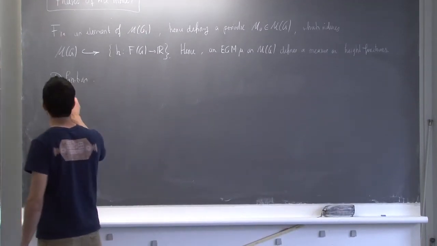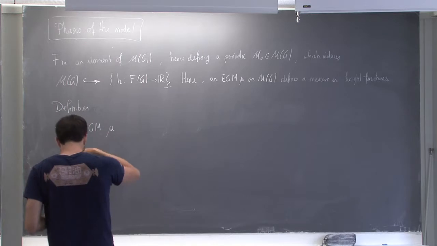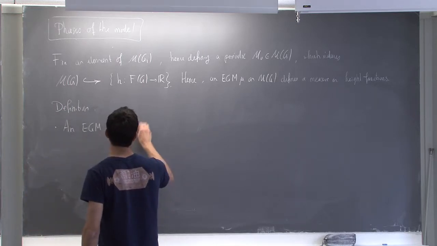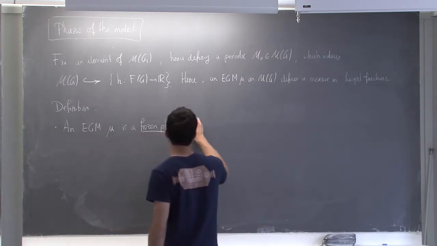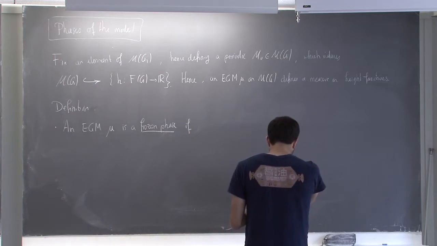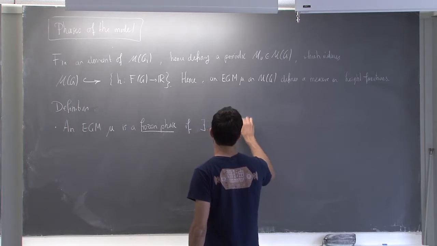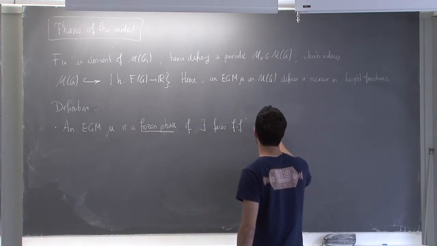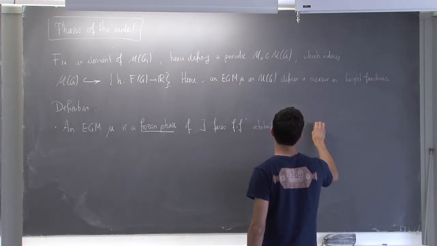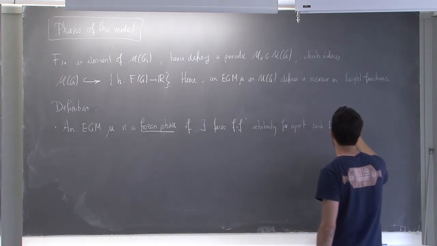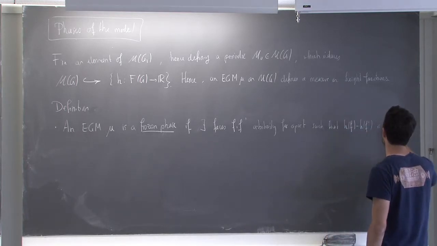Okay, so let's define the three phases. An ergodic Gibbs measure mu is a frozen phase if there exist faces f, f prime arbitrarily far apart such that h of f minus h of f prime is deterministic.